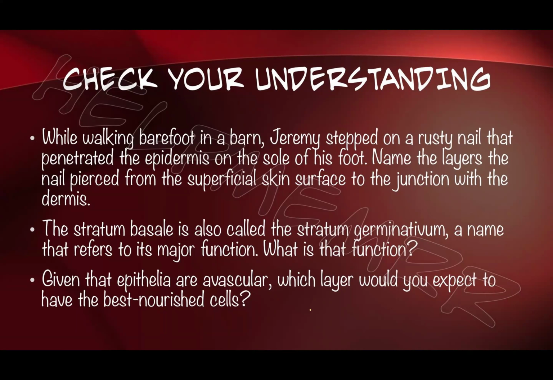What you should be thinking, since we're talking about stepping on the rusty nail, is that's on the sole of the foot. If we're looking at the sole of the foot, that is going to have thick skin.